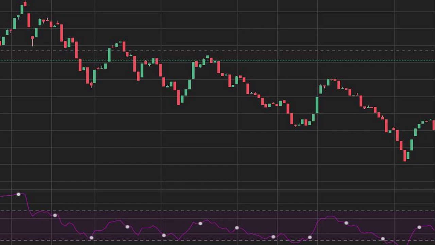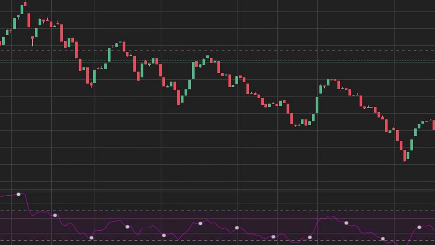As default, it's better to use 14 days, but you can use, for example, a 10-day period to get better signals in this indicator. Yes, and I think these two were good key points that you'd better know.